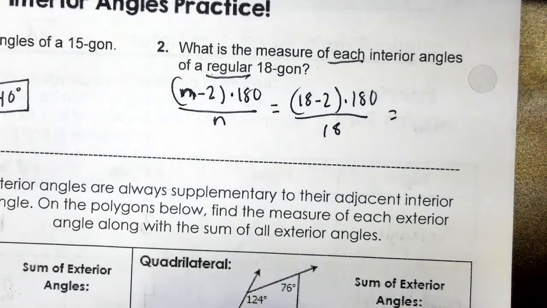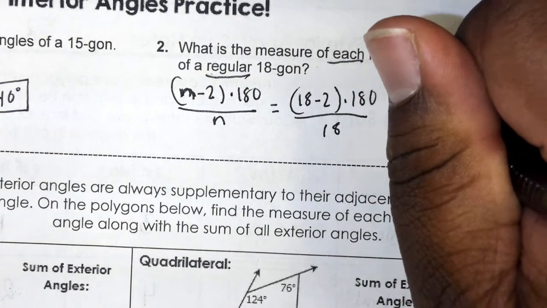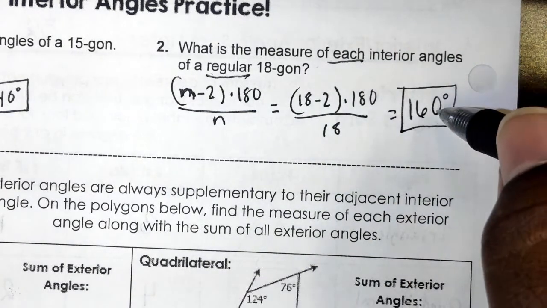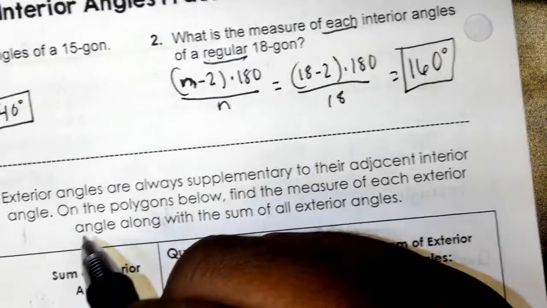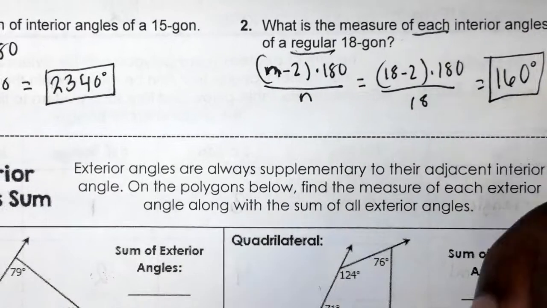You already calculated that one, huh? 160 degrees. So that's telling you each individual angle in an 18-gon will be 160 degrees. You need to know the difference between when to use this and when to use this, based on what question they're asking you.